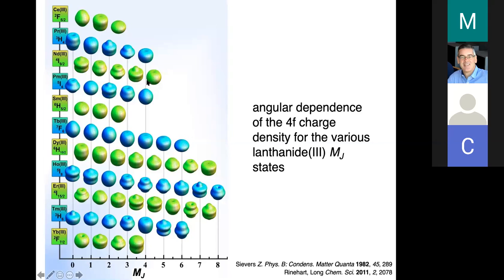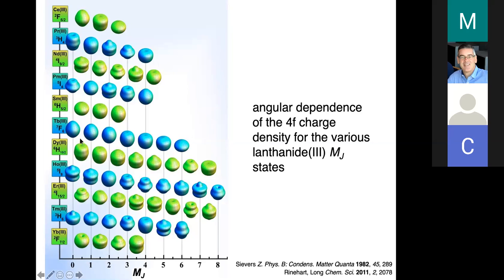And so here you see a plot of the spatial distribution or angular part of the distribution as we go from low M sub J to higher M sub J.